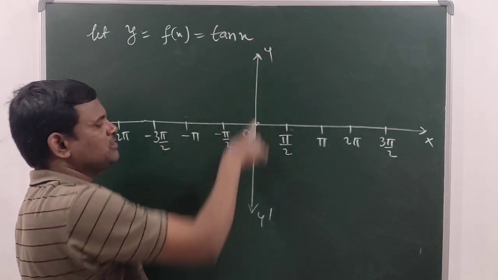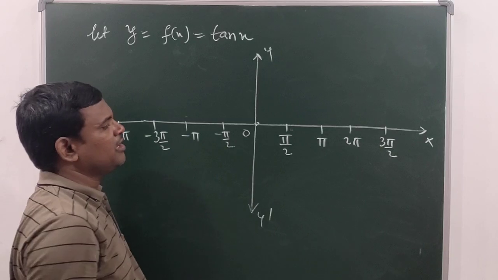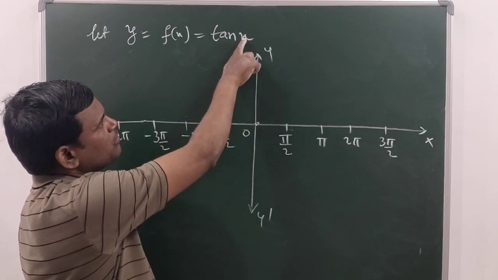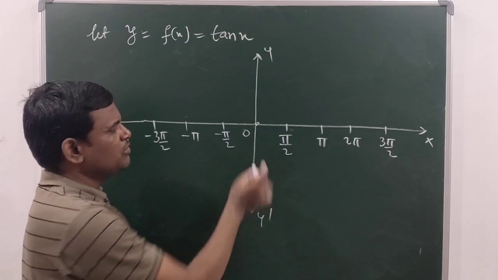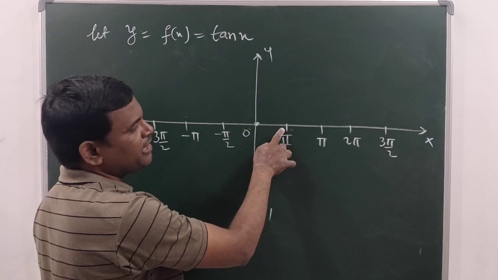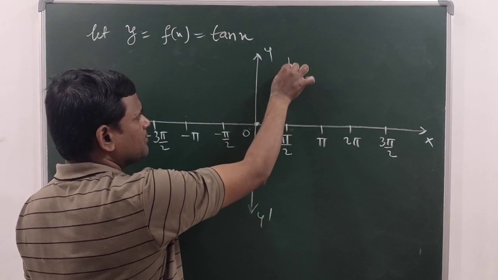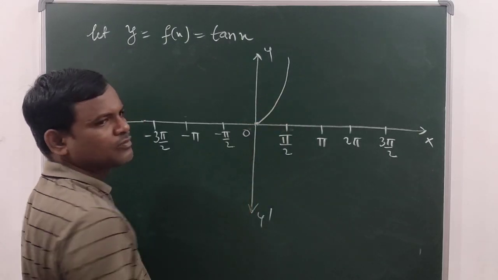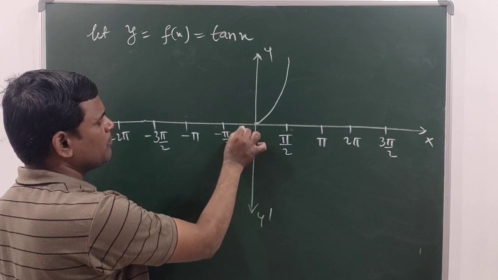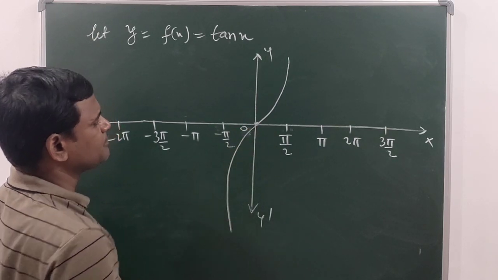Now the range you have to take on the y-axis. Alright. Now observe this tan x graph. If you put domain value 0, tan 0 is 0. And from 0 to 90, if you observe the graph of tan x, you get it like this. From minus 90 to 0, you get the graph like this.